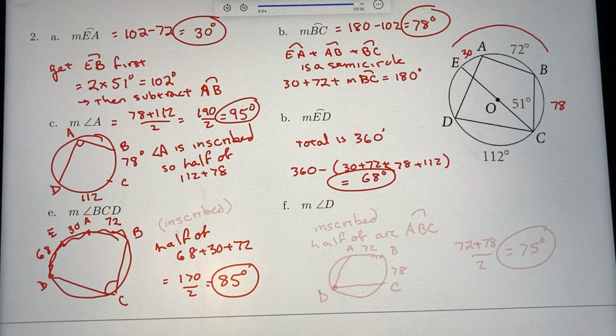It's half because it's an inscribed angle again. Measure angle D, one more inscribed angle. Okay, so by drawing D, the other ends are at A and C through B. So 72 and that was 78.